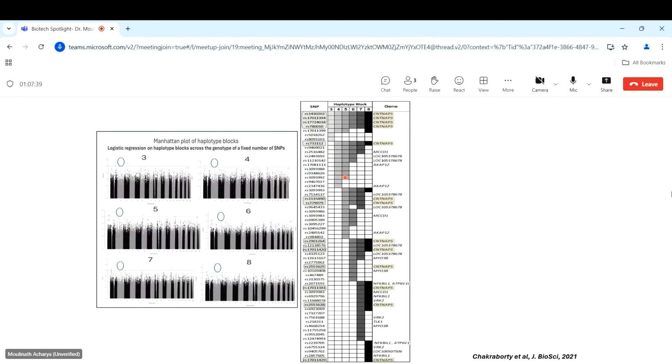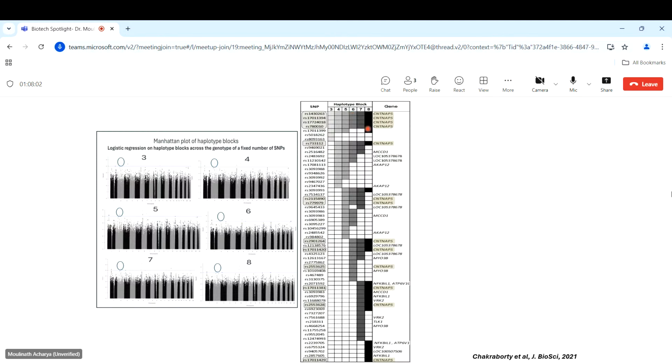Looking closely, we found there are almost 35 or 39 SNPs, and they are associated with different haplotype structures. For example, this is the first SNP that is found in the 3-SNP haplotype structure, the 4, 5, 6, all the haplotype structures.